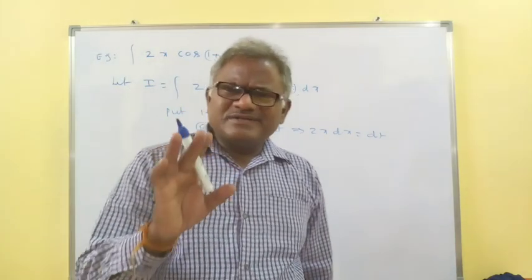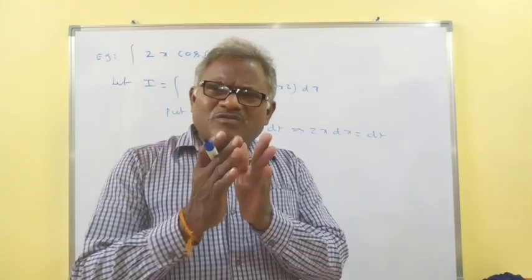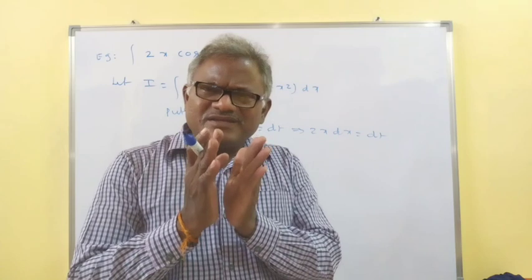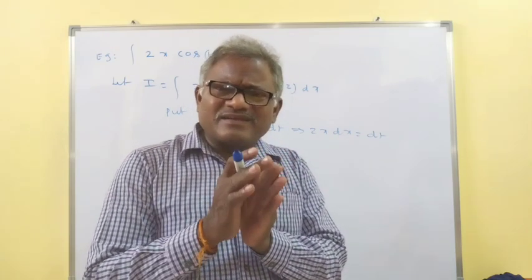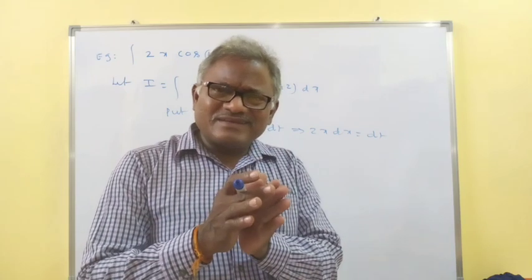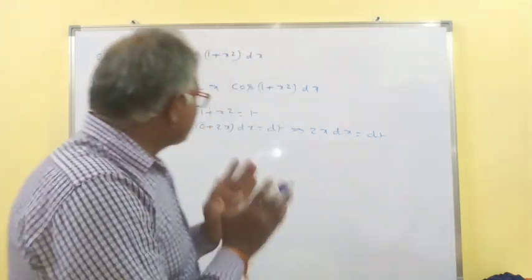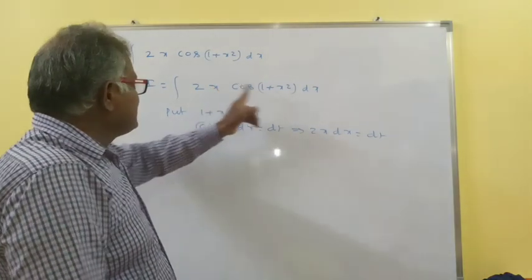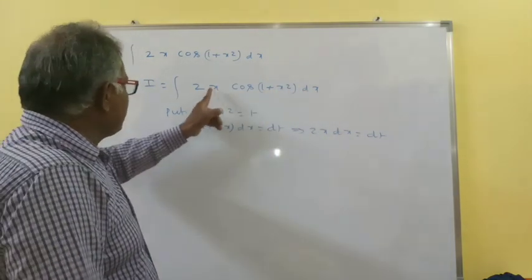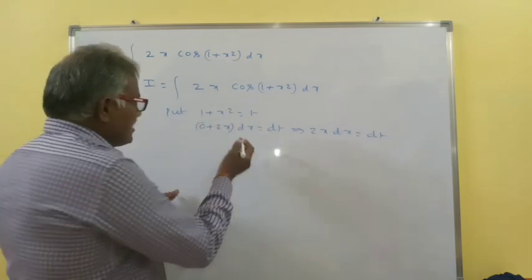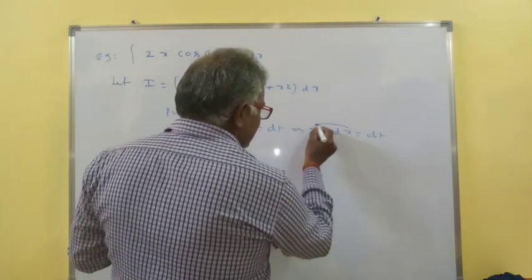One thing you should note: whatever substitution you have done, after differentiating that substitution, you must get the term which is before dx. Here 2x is before dx, and if you differentiate, what will you get? 2x.